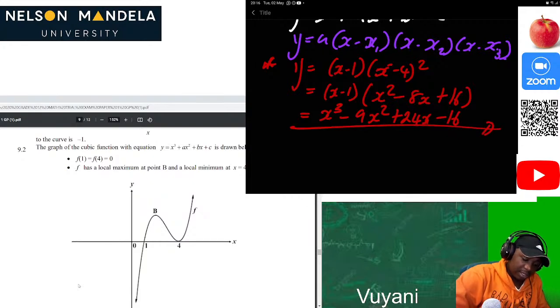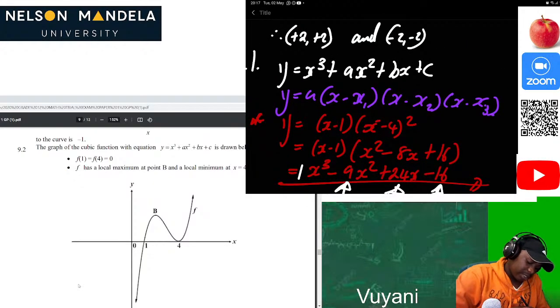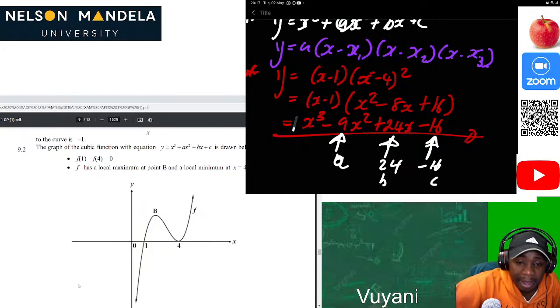We see that our a value is negative 9, our b is 24, and our c is negative 16. So here is our equation. Then we are able to certify what they wanted.